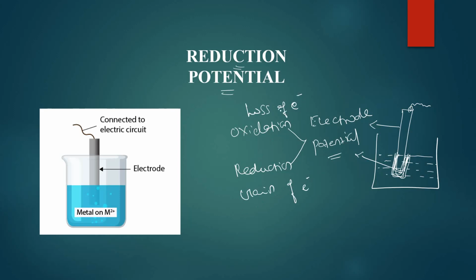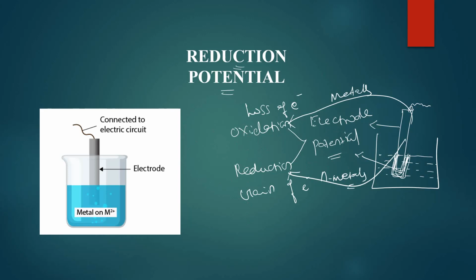So if the electrode is a metal, it has a tendency of losing electrons, so oxidation may happen, right? If the electrode is a non-metal, it has a tendency to gain electrons. So here reduction may happen, right?